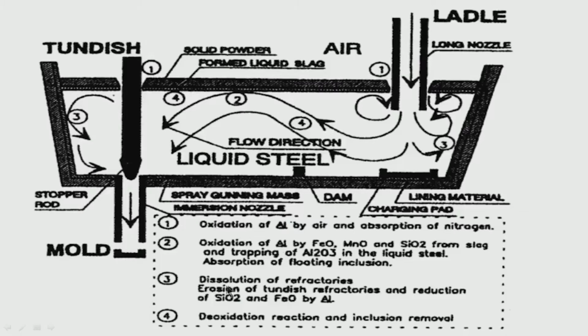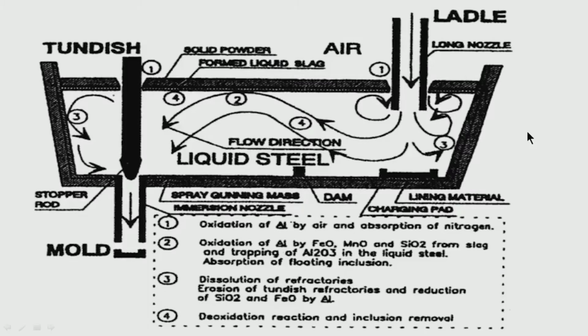there is a possibility of erosion of the refractory, because this is the refractory lining at these locations. So dissolution of refractories, that means erosion of refractories, should not take place. Erosion of tundish refractories and reduction of SiO2 and FeO by aluminum are possibilities if the refractory lining is not basic.